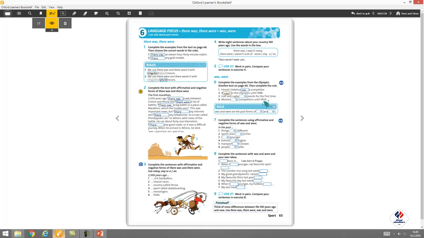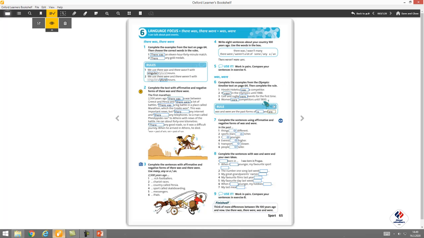This is a plural subject, so golf and rugby were events for the first time. And women competitors until 1900 but men. We have another plural noun here, so it should also be, depending on the meaning from the text, were not competitors until that time. So as for the rule part, was and were are the past forms of is, am, and are.